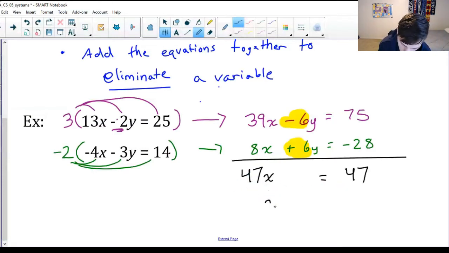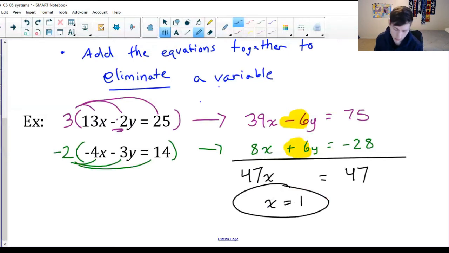Divide by 47. So we get x equals 1. Great. That's sort of how you would circle that. Not really. Let's try again. X equals 1. So that's part of our answer, not the full thing.